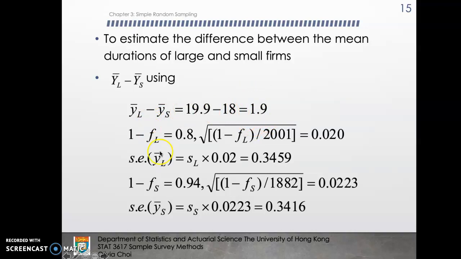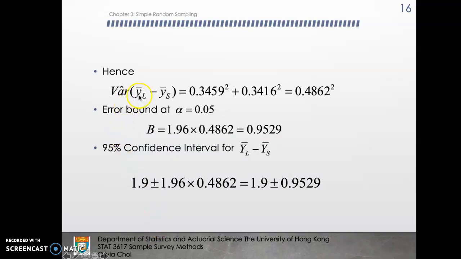We also calculate the standard errors of both, then the variance of the difference of the two mean earnings. Actually, we need to add up the variances of the two means. So we have 0.4862 squared.